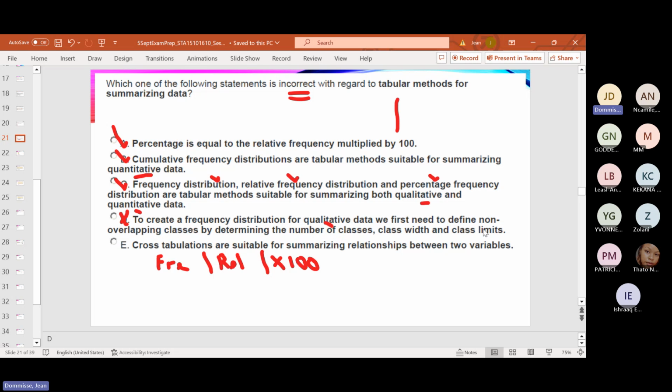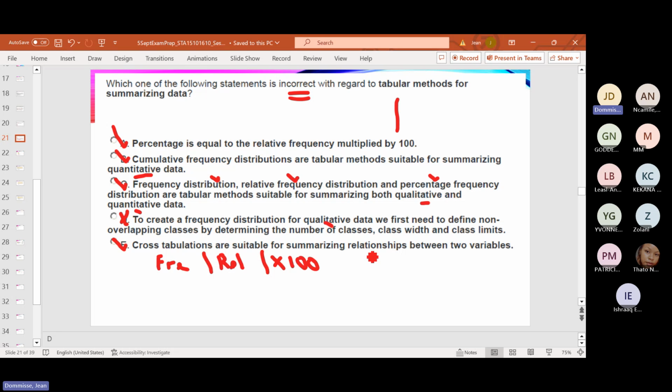And then cross tabulation is suitable for summarizing relationships between two variables. Correct. And look at that, we did it in study unit 2, and we never thought about where we're going to use it again.